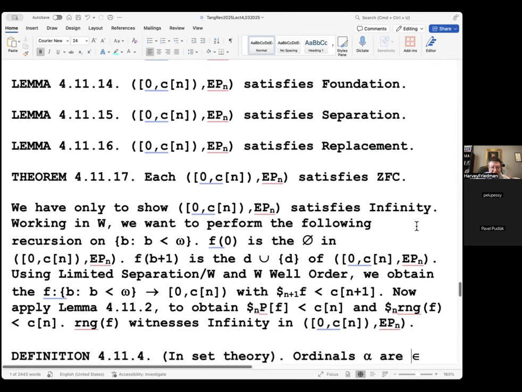All right. So after a pretty technical development here, we get the ZFC axioms, except that at this point we still have to check that infinity holds. Now, the reason why we can get infinity out of this is because W is very, very amenable, has plenty of infinity.